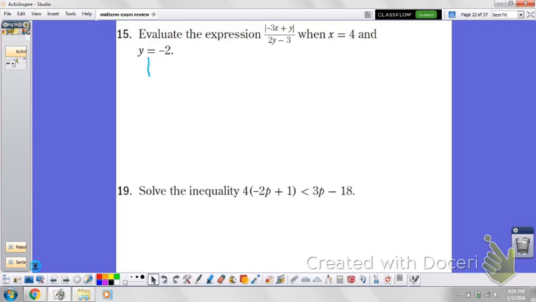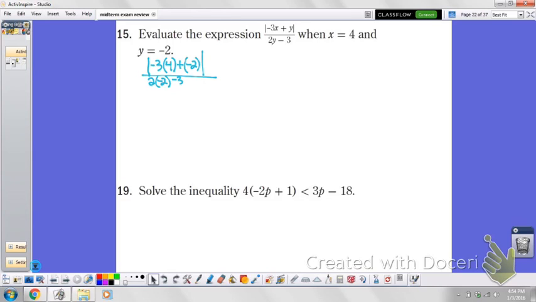So I have the absolute value of negative 3 times x, but x is 4, so I have negative 3 times 4, plus y, but y is negative 2, so plus negative 2. Close up my absolute value. And that needs to be all over 2y, but y is negative 2, minus 3.